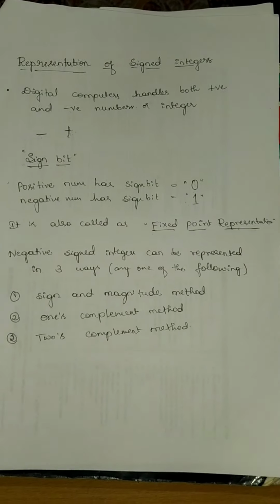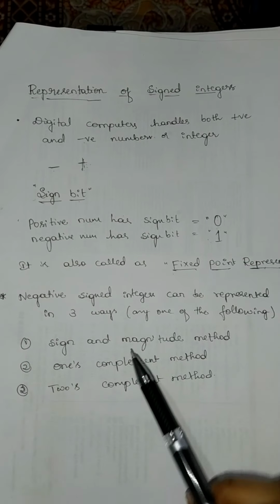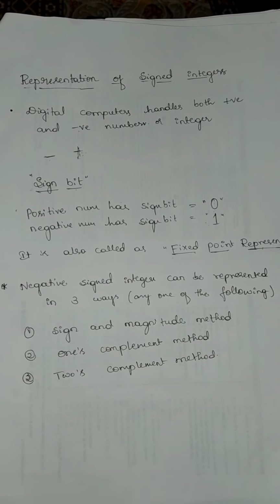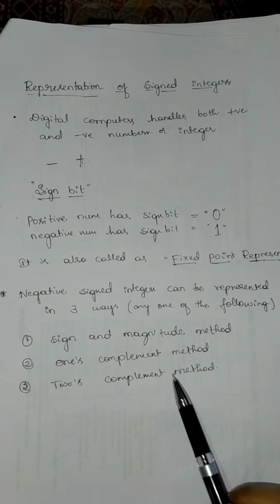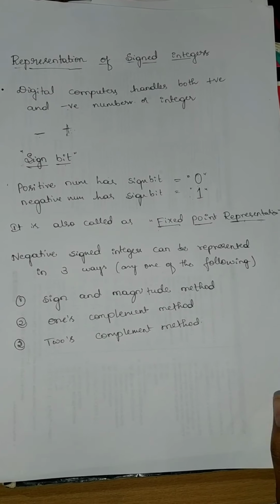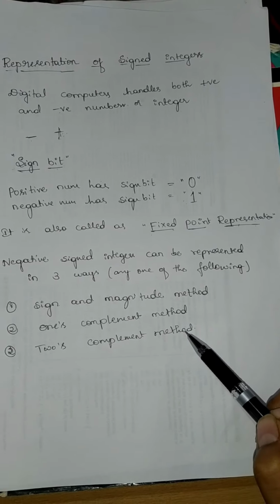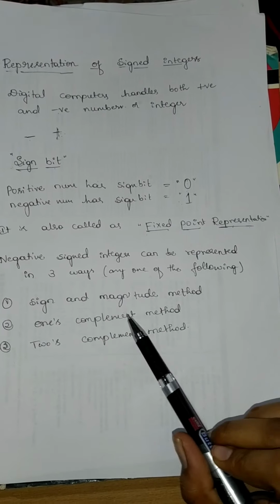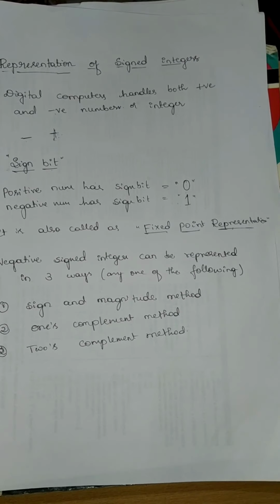You can use any one of the following: sign and magnitude method, 1's complement method, and 2's complement method.